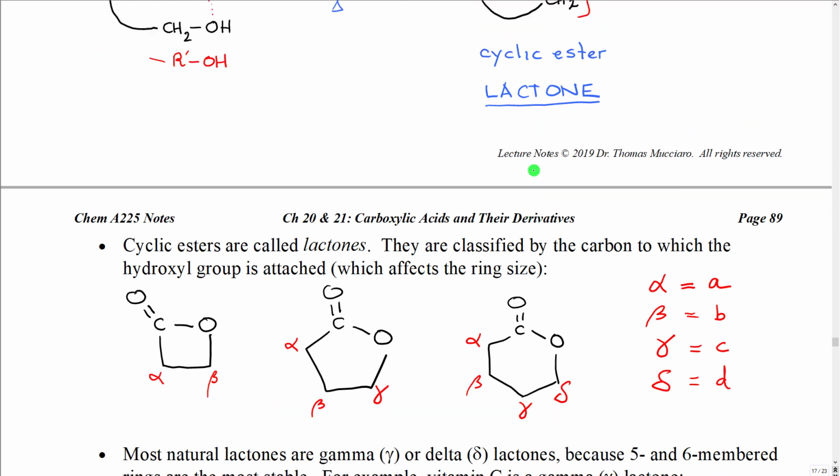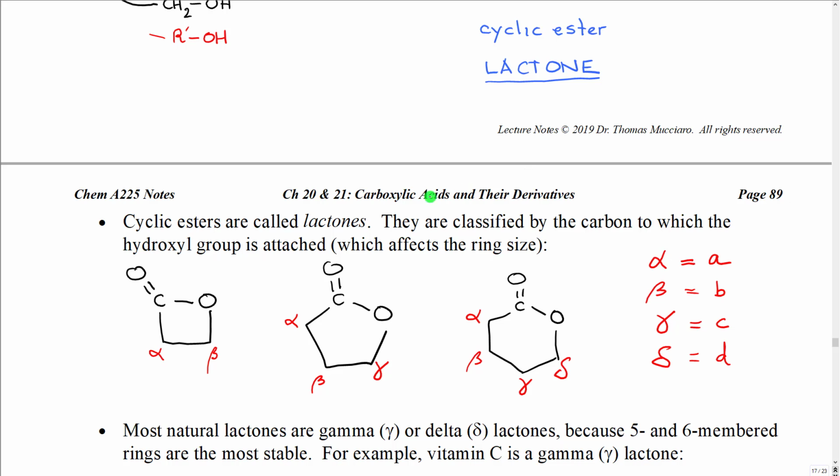There are different sizes of lactones which can be made depending on the length of the carbon chain that's connecting the C double bond O carbon to the oxygen. When chemists began to classify these, they called the carbon adjacent to the C double bond O the alpha carbon, and then they started counting along the chain.